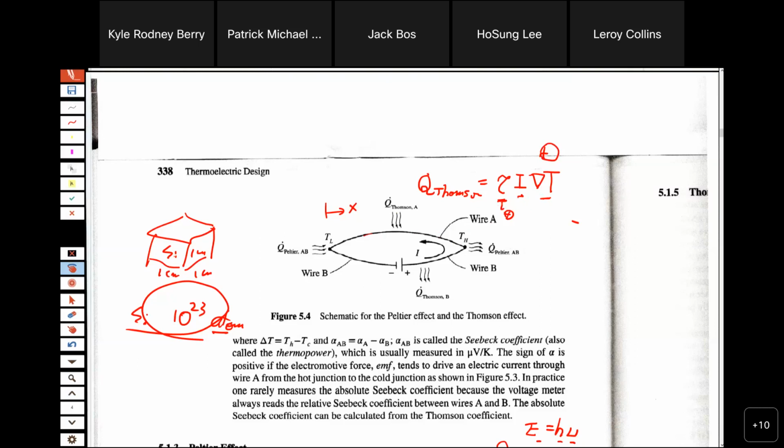How about the current? That would be negative. So this is positive. So total Thomson should be negative. Negative heat. This is wrong. I made it wrong. I think anyhow, because I told you A, B can be anything.